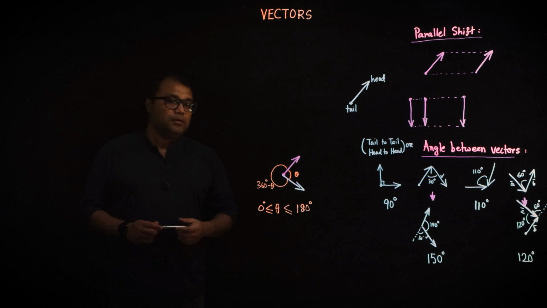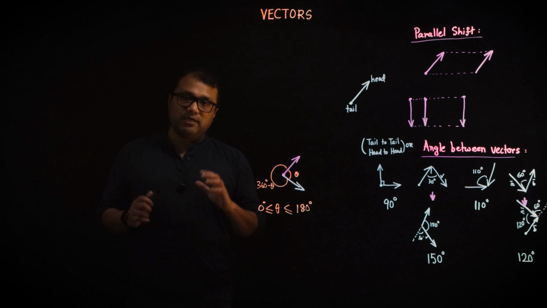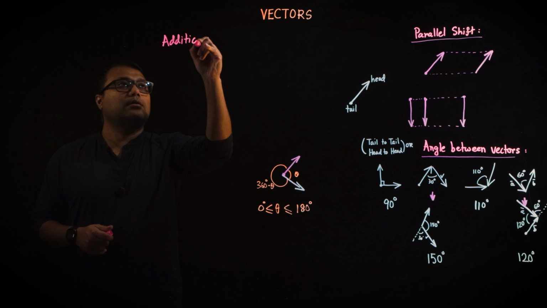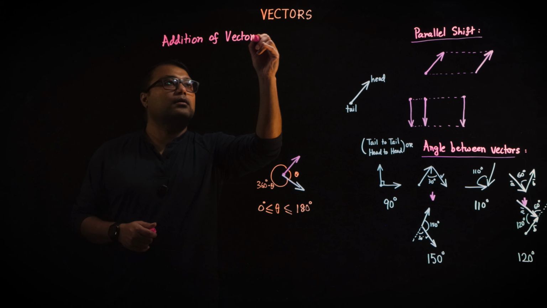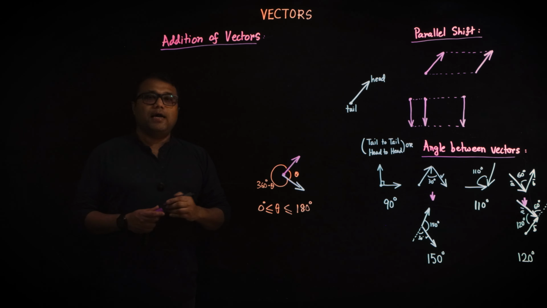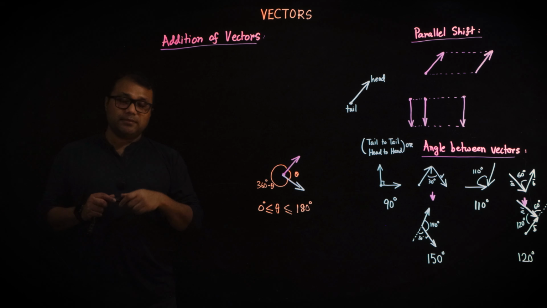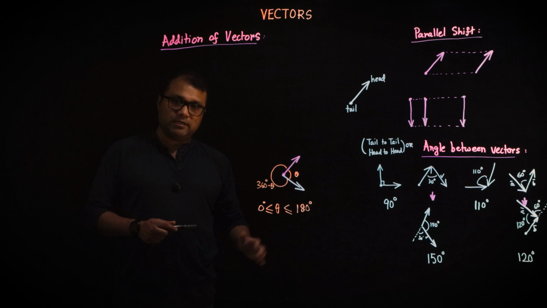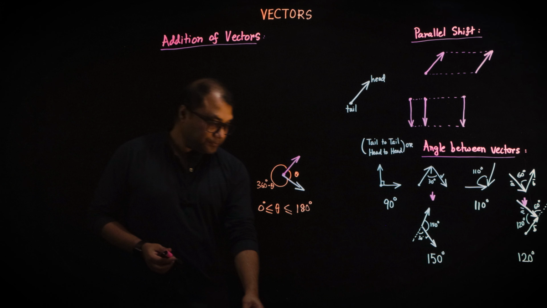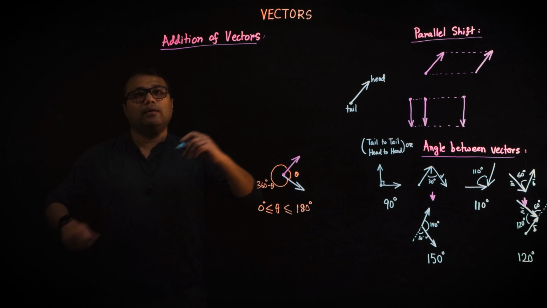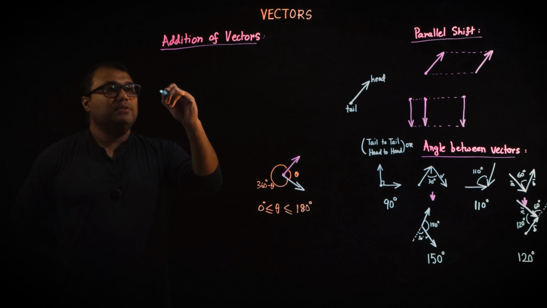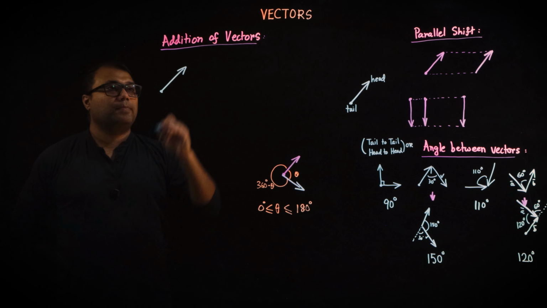Okay. Now let's take a simple case of addition of vectors. I will discuss addition and subtraction of vectors in much more detail in the next edition, but let's take this simple condition here. Let's say I moved from this point to this point.